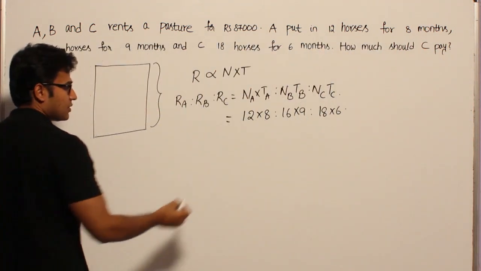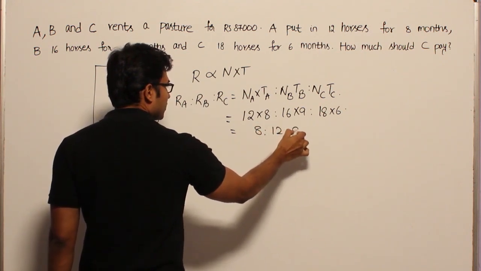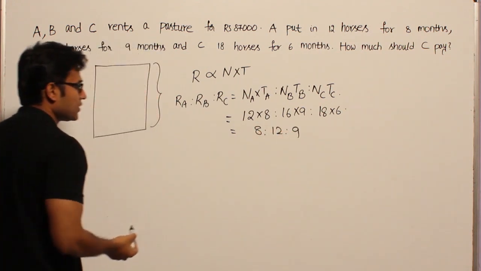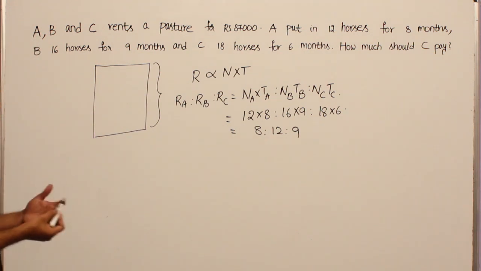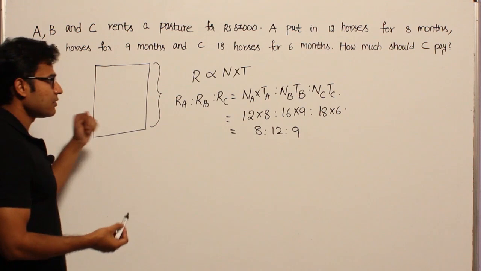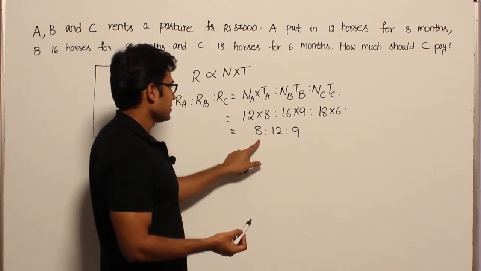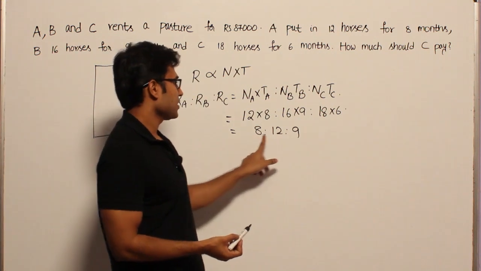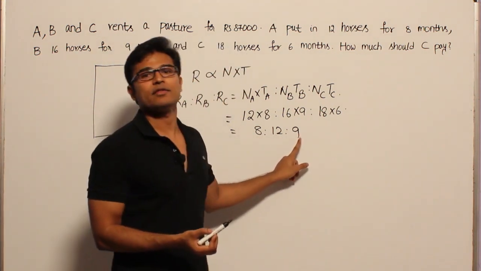If you find out this ratio, you are going to get 8 is to 12 is to 9. So this is the ratio in which the rent is distributed, or in which they have to pay the rents. So what does it mean? Out of 29 parts, A is supposed to pay 8 parts rent, B is supposed to pay 12 parts rent, and C is supposed to pay 9 parts rent.